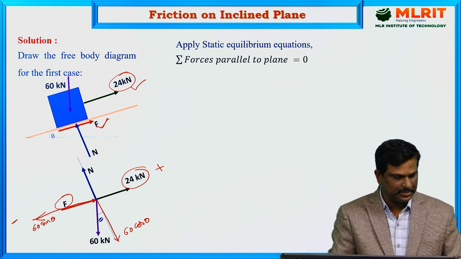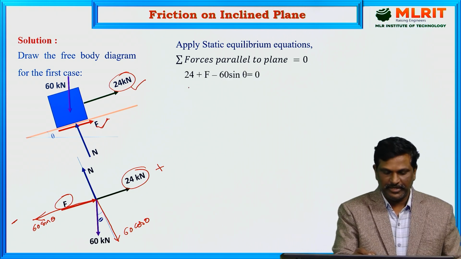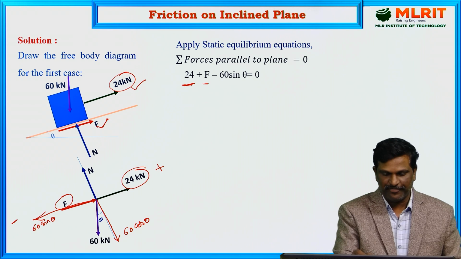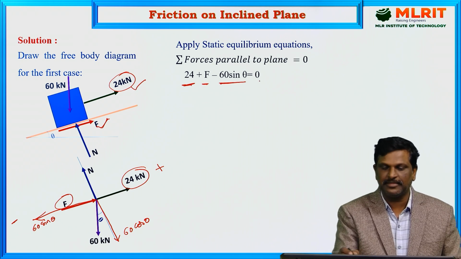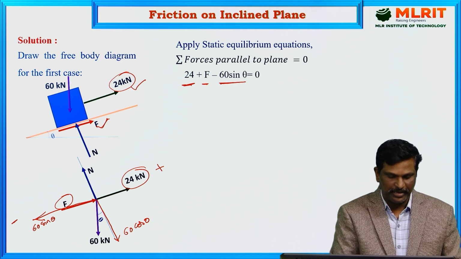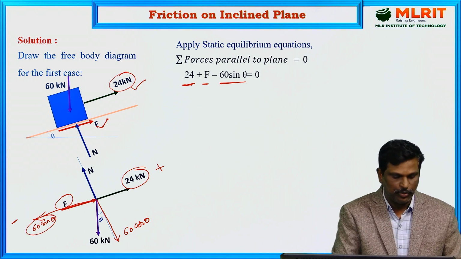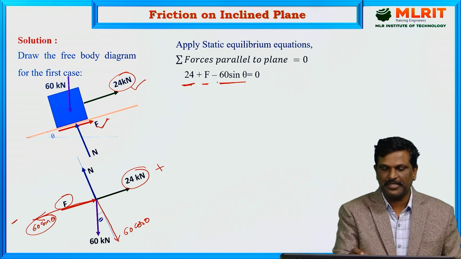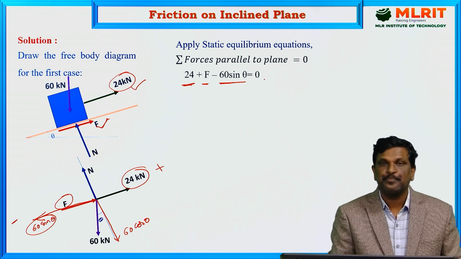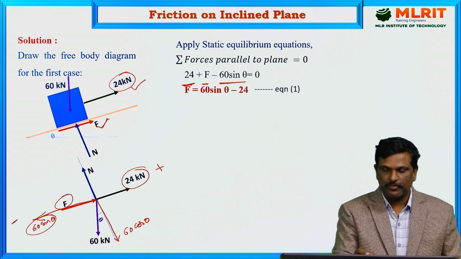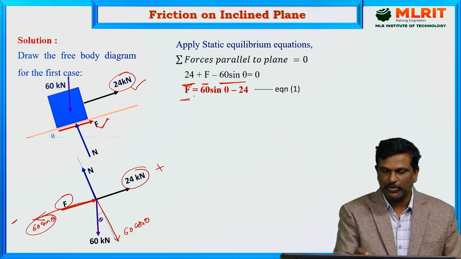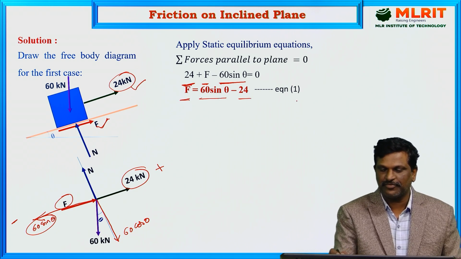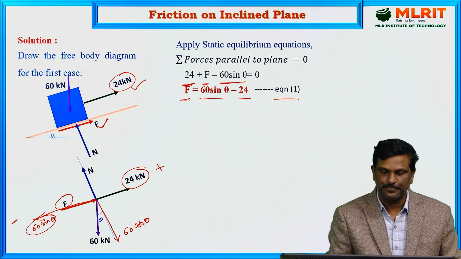Now apply the static equilibrium equation: 24 plus F minus 60 sin theta is equal to 0. 24 and F are both in the same direction, and 60 sin theta alone is in the opposite direction along the plane. From this, F is equal to 60 sin theta minus 24. Take it as equation number 1.